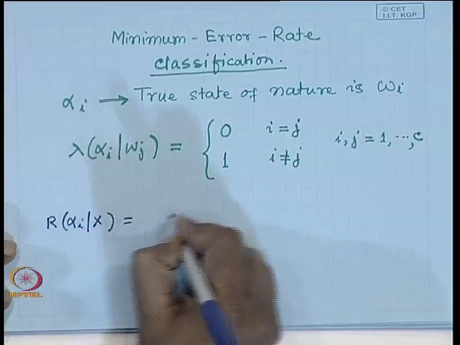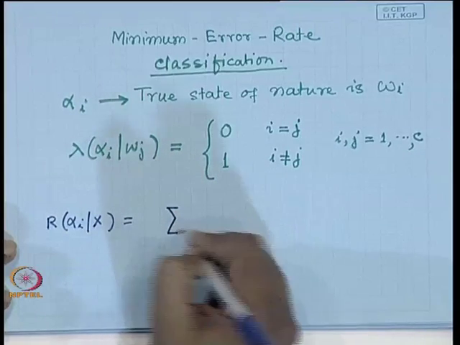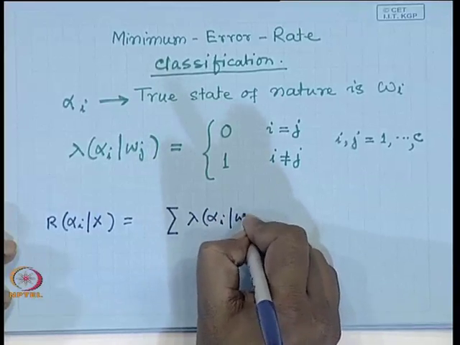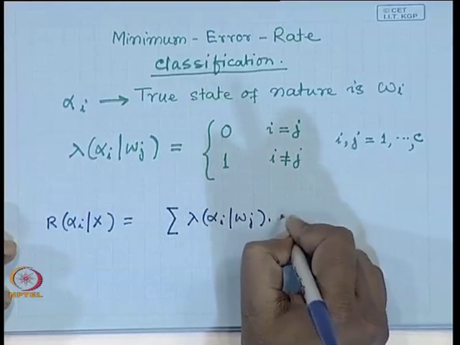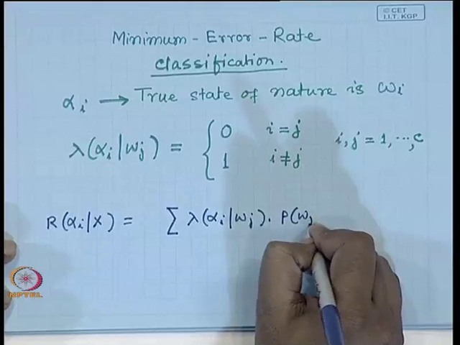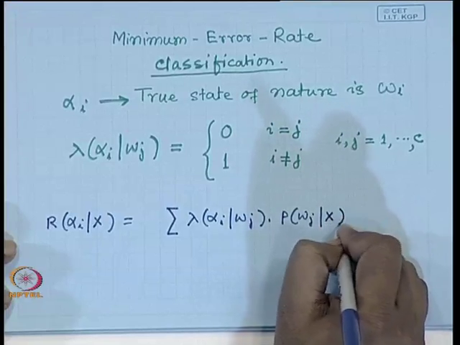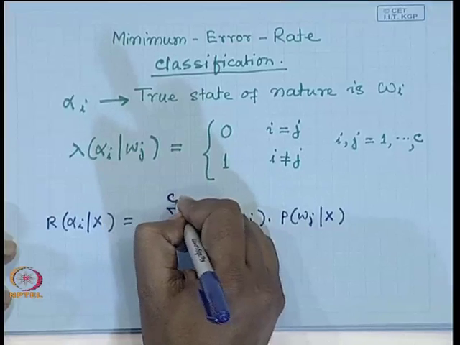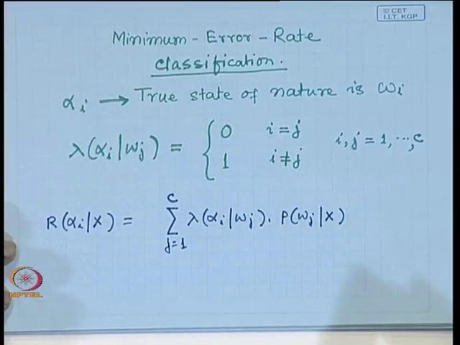That will be nothing but, as we have already said, the sum of lambda alpha i given omega j into p of omega j given x, where j varies from 1 to c. So, this is the loss, or the risk, involved in taking an action alpha i.